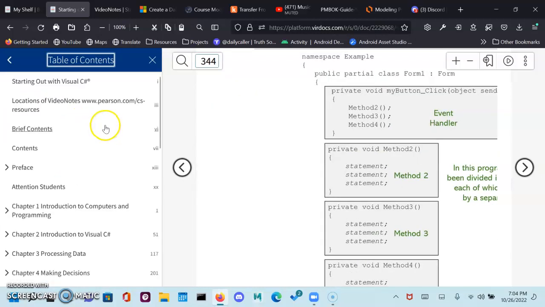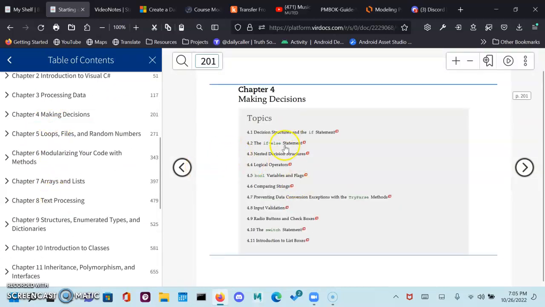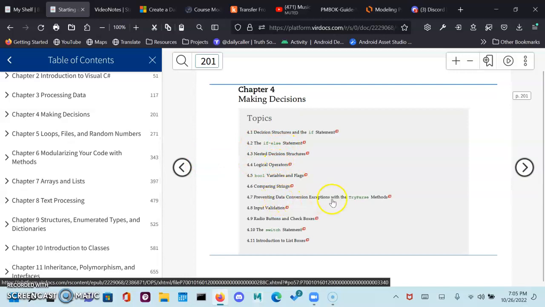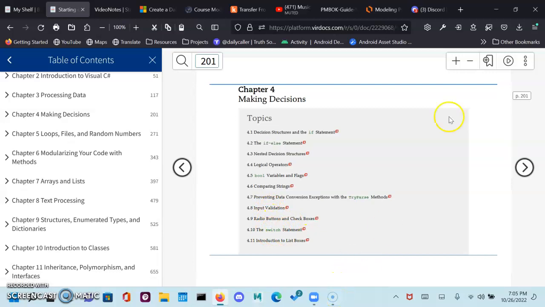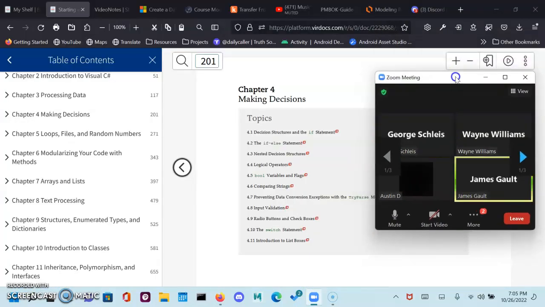We have the scenarios where we have to identify flags. I'm sorry, what was that? Chapter 4, 4.5, just a little about flags. Let me get there.